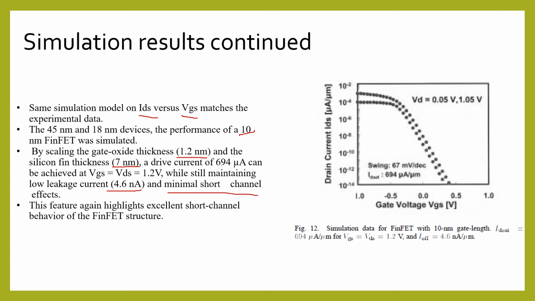But it should be noted that 4.6 nanoamperes is still very large compared to the previous leakage current value, which was around 1 multiplied by 10 to the minus 11. So it has increased by a factor of 100, but it is still relatively negligible compared to 700 microamps. So this feature again highlighted the excellent short channel behavior of this particular FinFET structure.